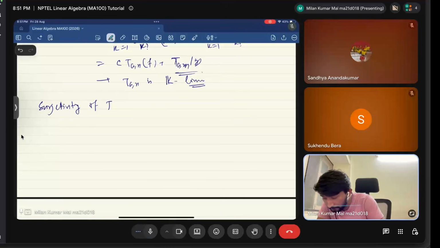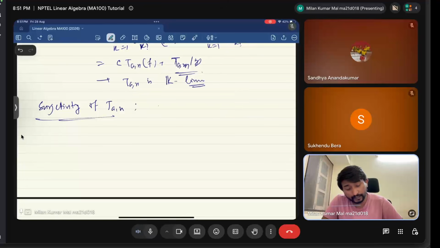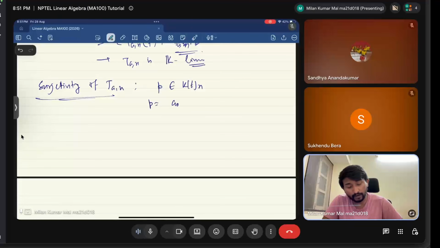Here we want to show the map is surjective. Let's take a polynomial p coming from K[t]_n. That means p can be written as a_0 plus a_1 (t minus a) plus all the way to a_{n-1} (t minus a) to the power n minus 1.